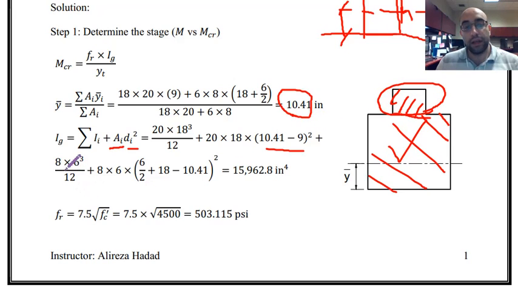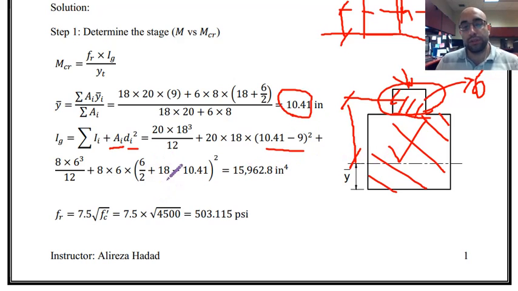That is 8 multiplied by 6. 8 is this width and 6 is this height. So 8 multiplied by 6 cubed over 12, plus the area 8 multiplied by 6, multiplied by the distance of the centroid of this shape to the centroid of the whole shape.